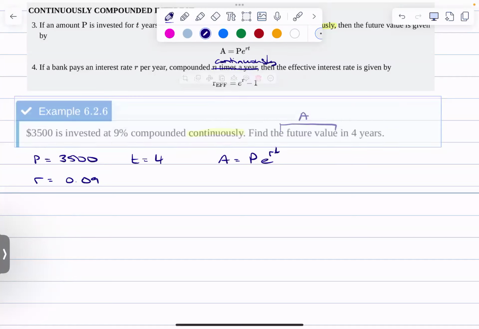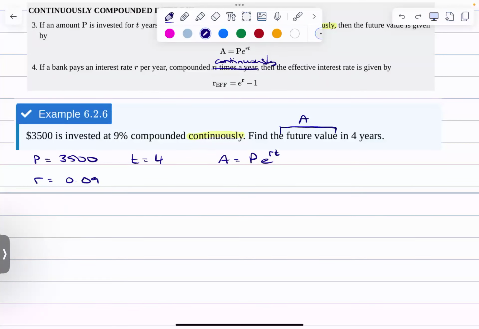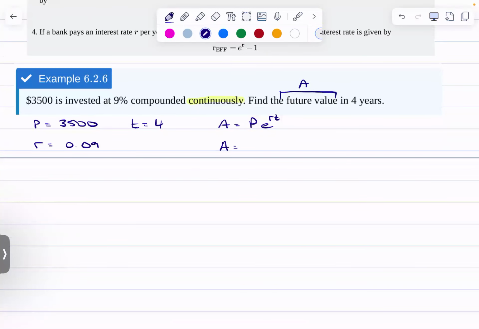A is 3,500 times e, which is a button on your calculator, I'm sure of it. It's a constant, just like pi. Usually they hang out together.